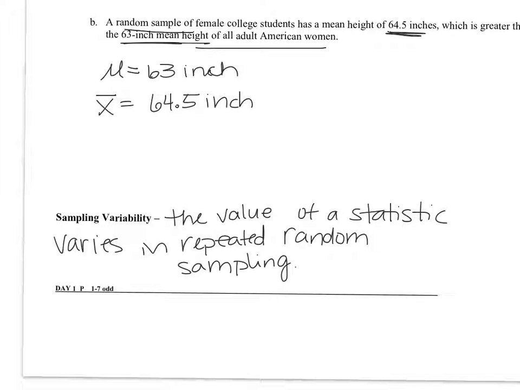So for instance, if we were going to find the mean of each of our classrooms at the high school, we would have a bunch of different means. Not every single classroom would have the exact same mean if we were talking about the heights of the students in those classes, right? The classes that were primarily made up of freshmen should have a lower mean than the classes that are primarily made up of seniors. They should have a higher mean. So we're going to find all of these x bars of heights, and they're going to vary a little bit. And so that's going to be some sampling variability among the x bars of heights in our high school.